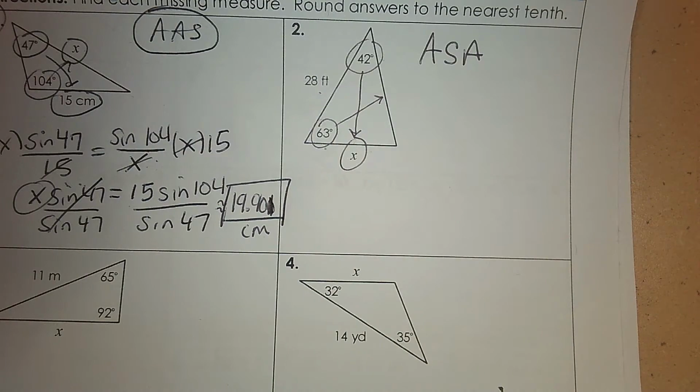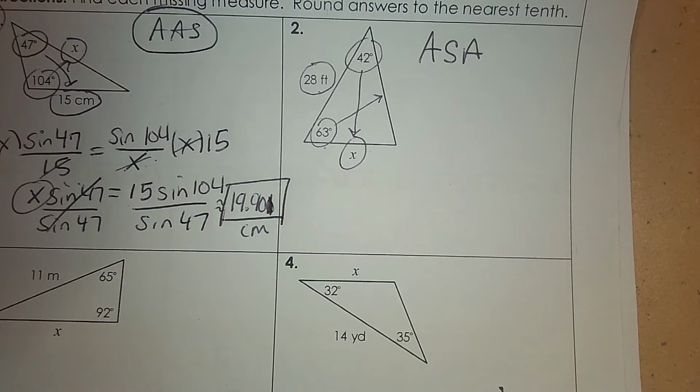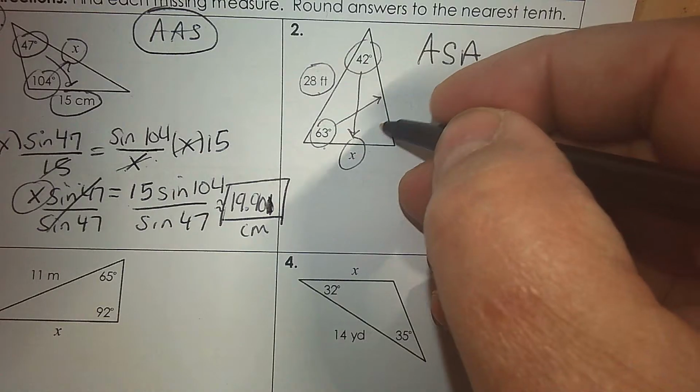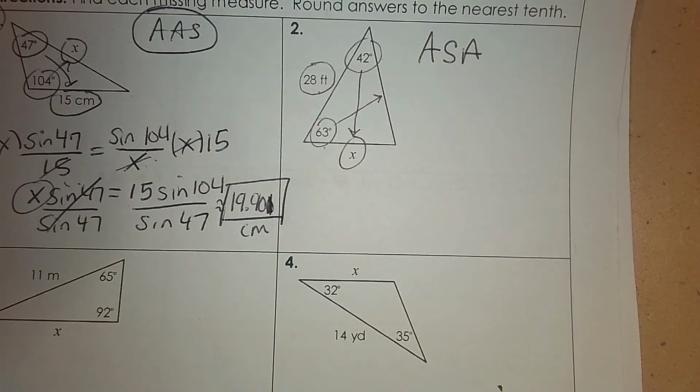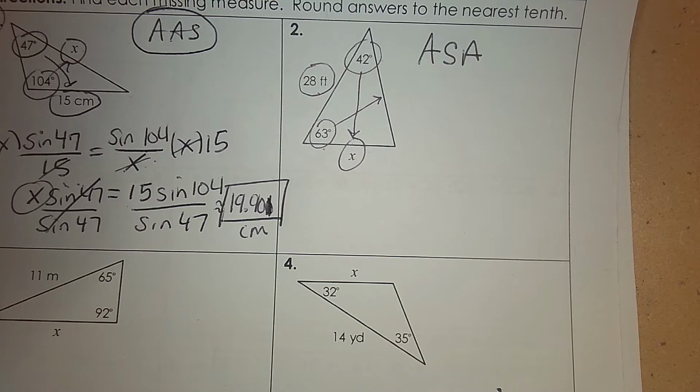The only other thing I know is 28 feet. Can I easily find the missing angle here? Can I go 90 subtract to take a shortcut? It's not a right triangle, so I have to use what number and use my calculator.